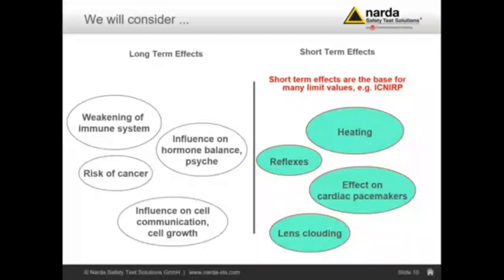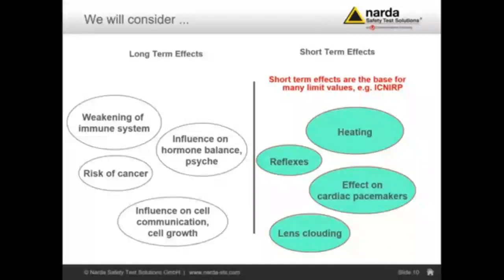The problem is to set up a limit value, because all these effects are known and discussed, but up to now, as far as I know, this is my personal opinion, there is no proven link between a risk of cancer and the use of a mobile phone, for example.